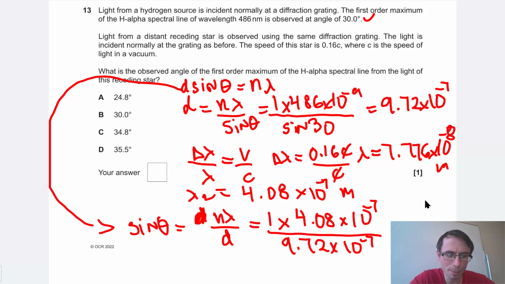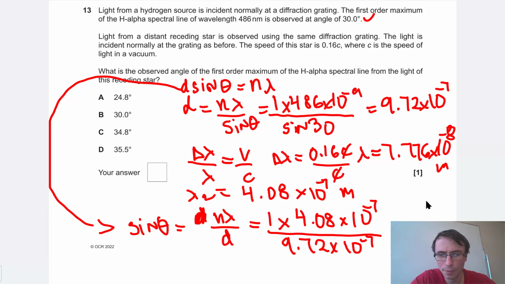Okay, and then let's remember to take the inverse sine of this. So 4.08 times 10 to the power of minus 7 over 9.72. I really hope this is an answer because this is turning into quite a lot of work already.